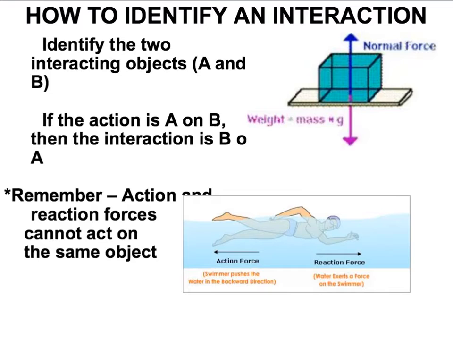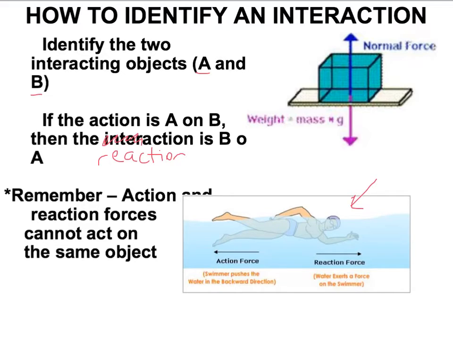Your book has a really good formula to help you identify an interaction or an action and reaction pair. First, figure out what two objects are interacting, and we're going to call those objects A and B. Then if the action is object A on object B, the reaction, there's a typo there, is going to be B on A. So what are the two interacting objects here?